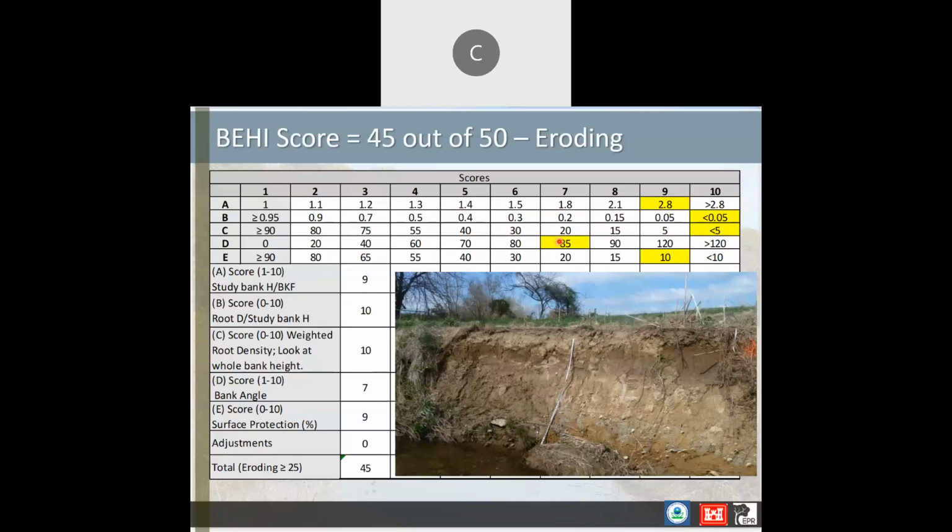Using this matrix to record scores, I was able to determine that this bank receives a BEHI total score of 45, which is definitely greater than 25 and is eroding. The 45 also counts as an extreme bank erosion hazard index.